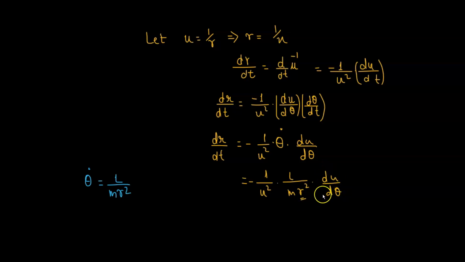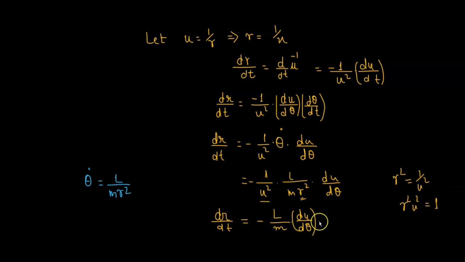Here we have to replace this r with u, and we know that r is equal to 1 over u, so that means r squared will be equal to 1 over u squared, or simply the product r squared times u squared is equal to 1. So we have a product in the denominator, and this is simply -L divided by m times du over d theta. So this is the time derivative of our radius, which is given by -L over m du over d theta.